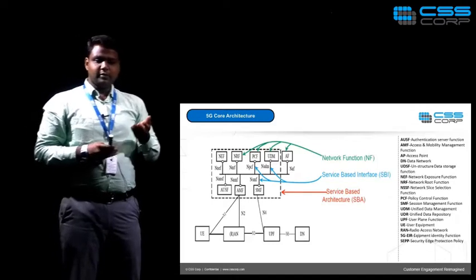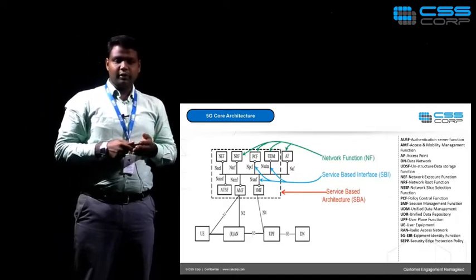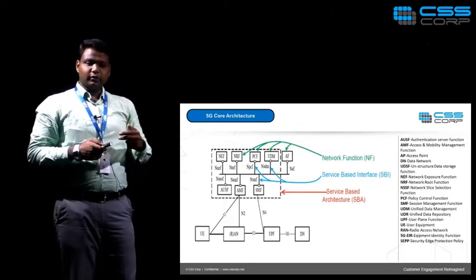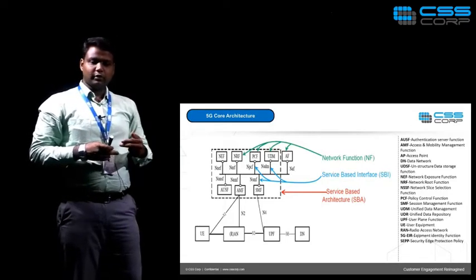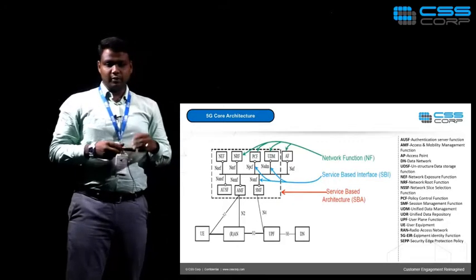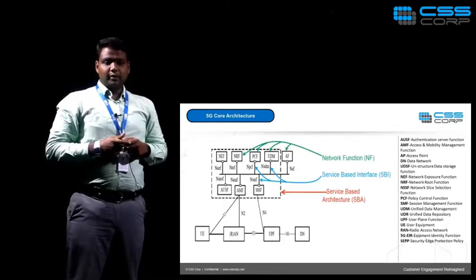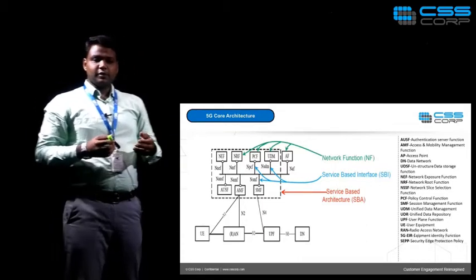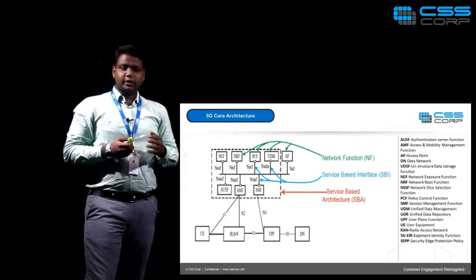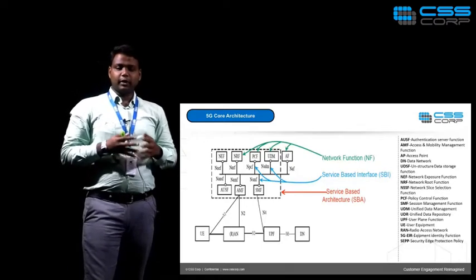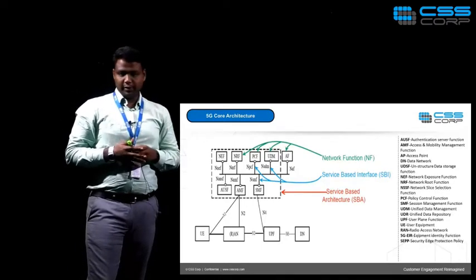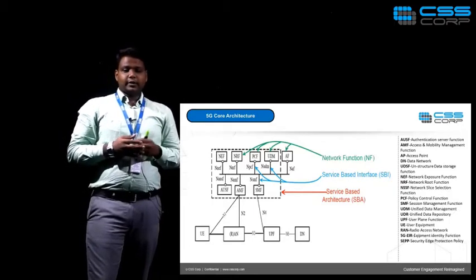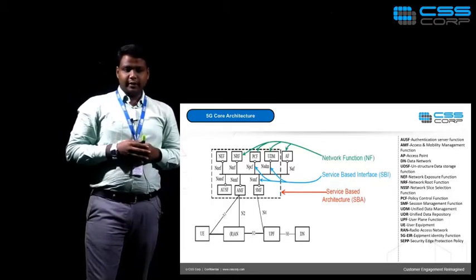What are the elements which are connected from one network function to another network function? This is said to be the service based interfaces. And the third one is service based architecture. So the reference points and the network elements are combined and said to be the service based architecture. Let's look at how this architecture evolves in our next slide.